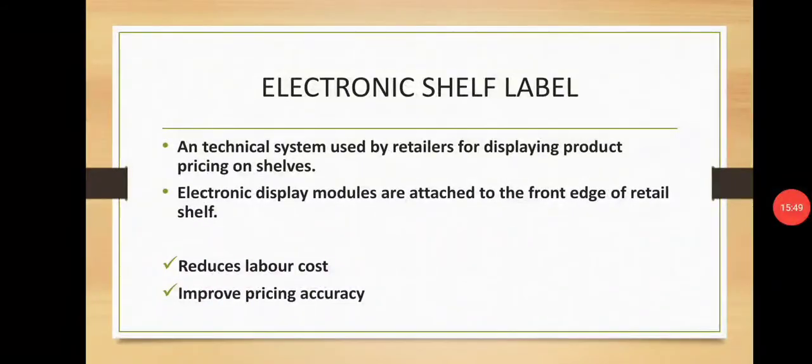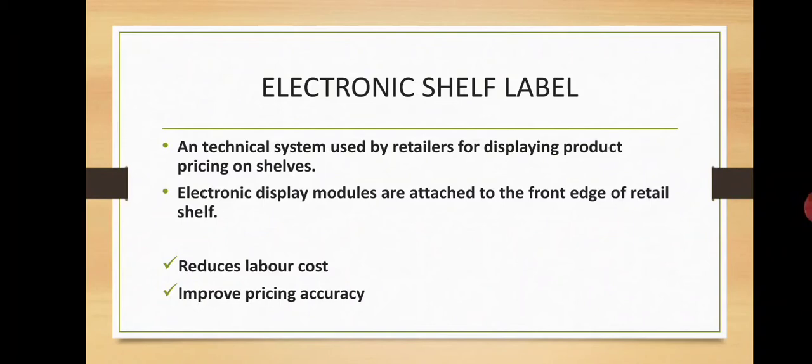And the next topic is electronic shelf label. Electronic shelf label is again a technology used by retailers, a technical system for displaying the pricing of a product on shelves. You might have visited a retail outlet, for example Reliance Fresh or More.